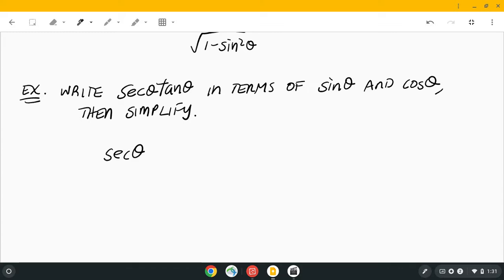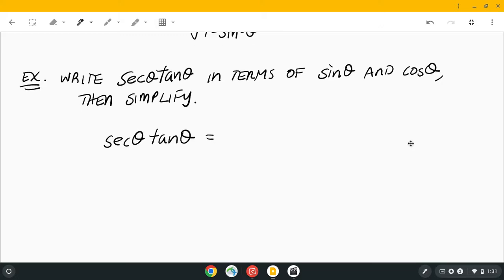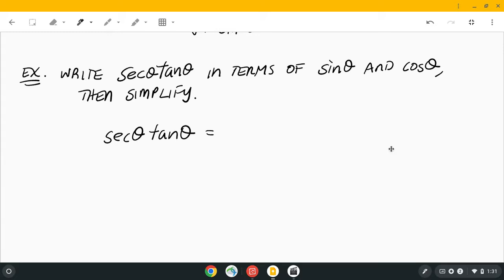All right, so we have secant theta, tangent theta. We want them in terms of sine and cosine, so I'm going to use the reciprocal identities and the ratio identities. So secant theta is 1 over cosine. Tangent theta is sine over cos.